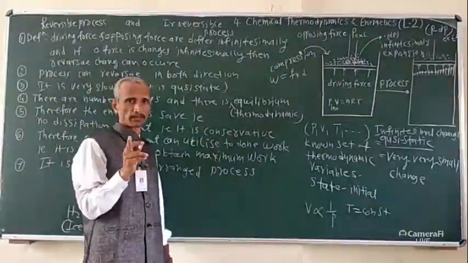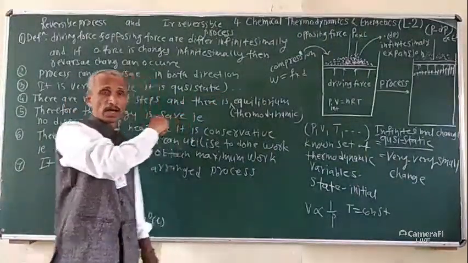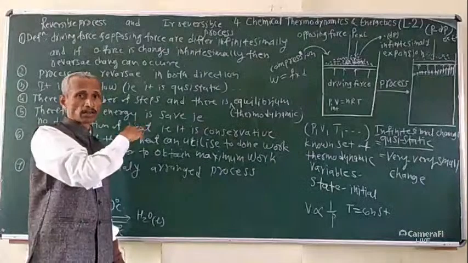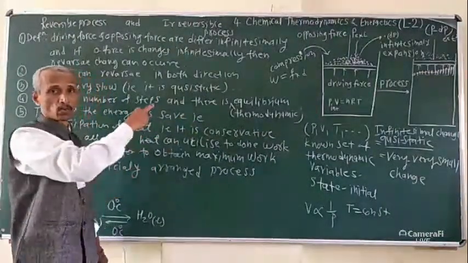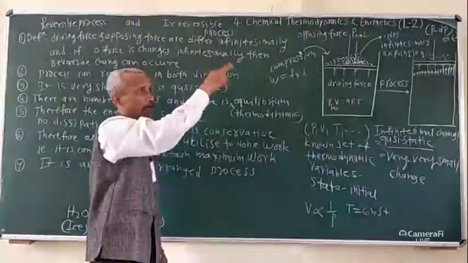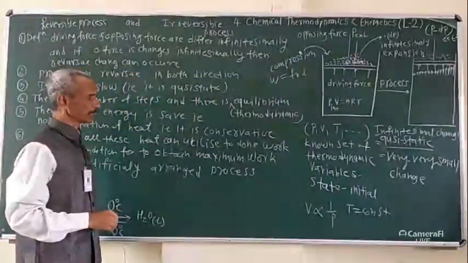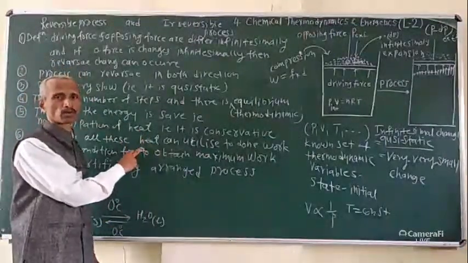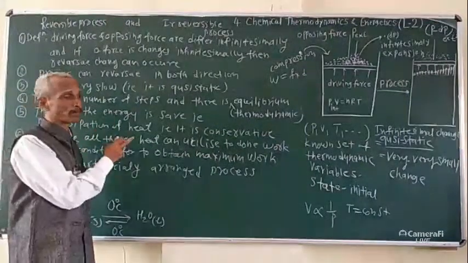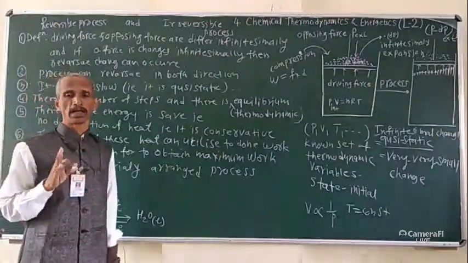That is, there is an equilibrium between system and surrounding, and therefore energy is saved. This energy is conserved, and all the heat can be converted into the work of expansion or work of compression, whatever it may be. Okay, we are going to study in detail what the work is and how it is derived. So here, this is one of the conditions to obtain the maximum work. That is, the forces must be reversible because energy is saved, and because it is very slow, there are a number of steps, and at every step there is an equilibrium.